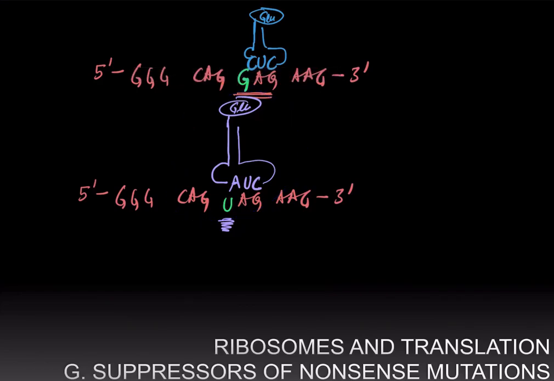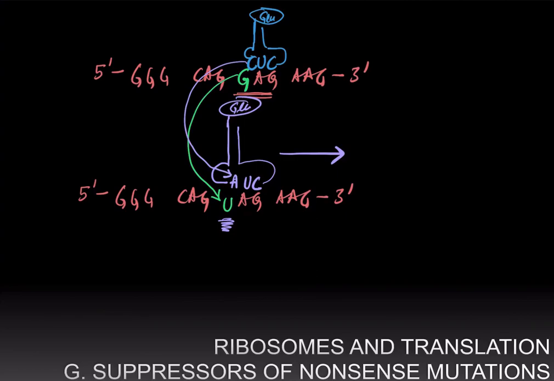And what this means is that instead of terminating translation at UAG, translation will be able to proceed, and the mutant phenotype of the first mutation of changing the G to a U, which introduces a premature stop codon, will be suppressed by the second mutation, this one occurring in the tRNA gene, the gene that codes for the glutamate tRNA, which changes the C to an A and allows this glutamate tRNA to base pair with the stop codon, and allows translation to proceed, and therefore suppresses the mutant phenotype.